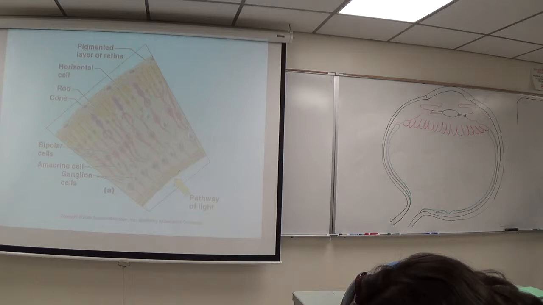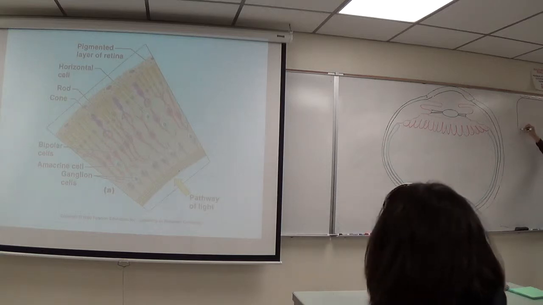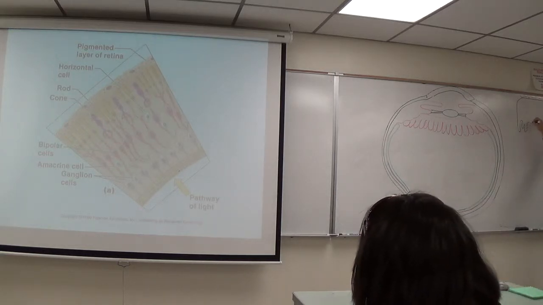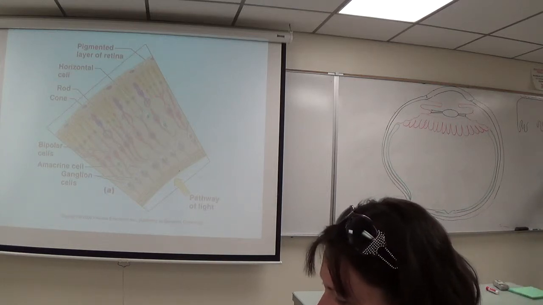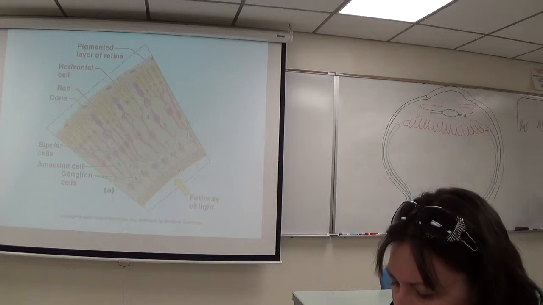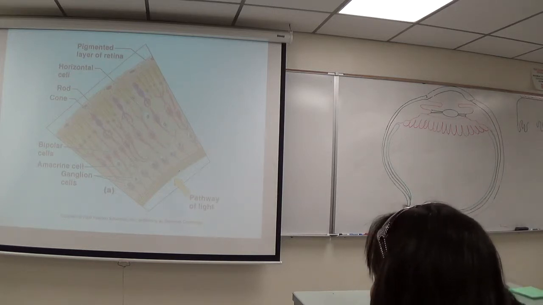And then we would have the outer pigmented epithelia have microvilli facing towards the pathway of the light. And remember the major purpose for having microvilli? Increase surface area. Increase surface area, all right?